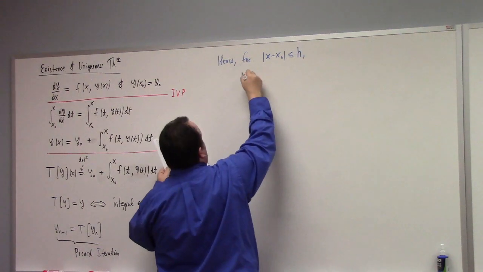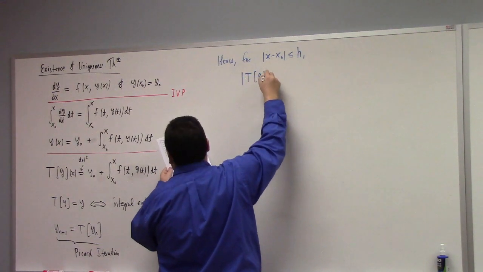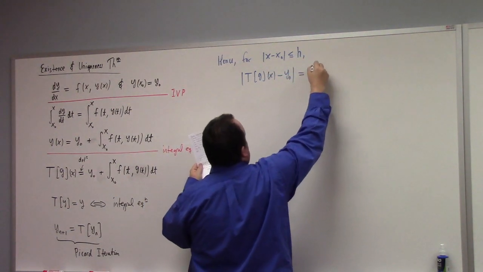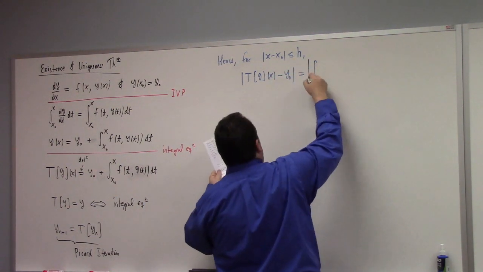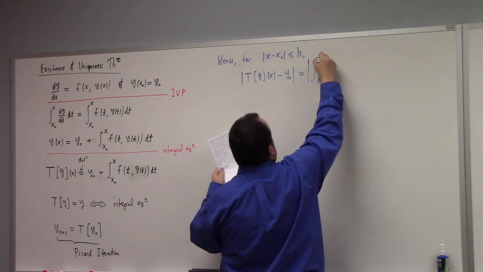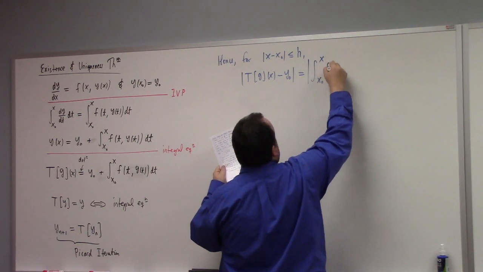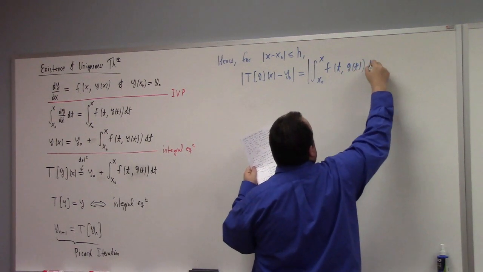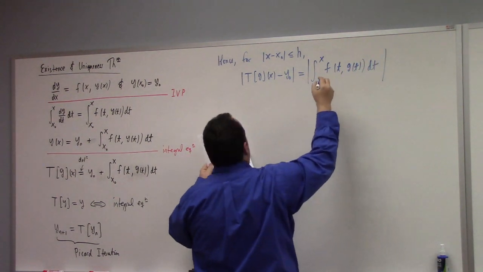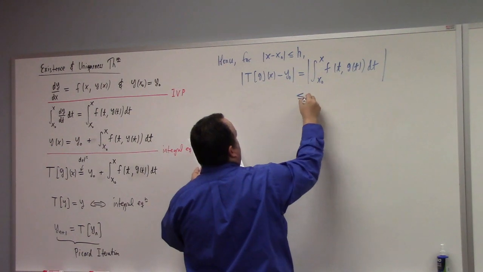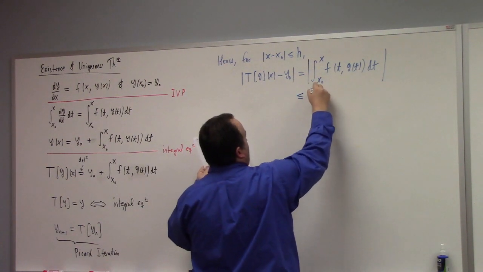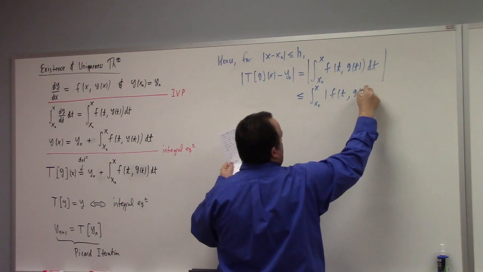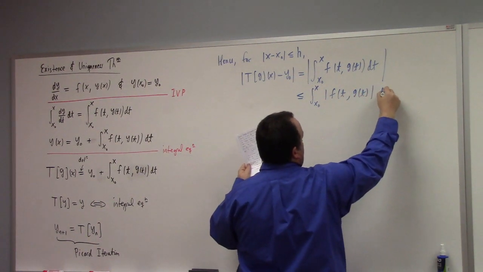The absolute value of T(g)(x) - y₀ is equal to the absolute value of the integral from x₀ to x of f(t, g(t)) dt, which is less than or equal to the integral from x₀ to x of the absolute value of f(t, g(t)) dt.